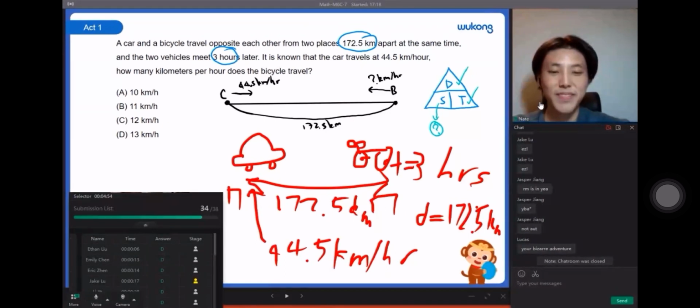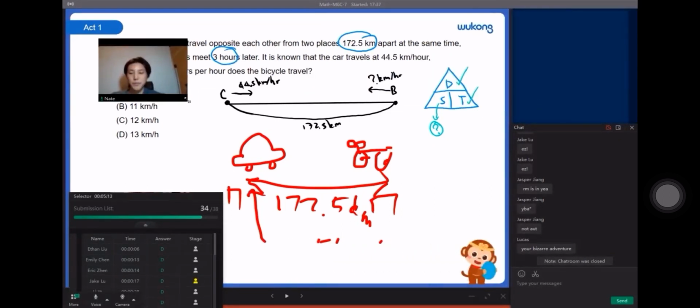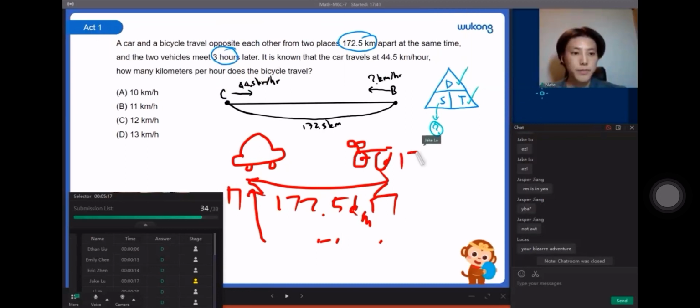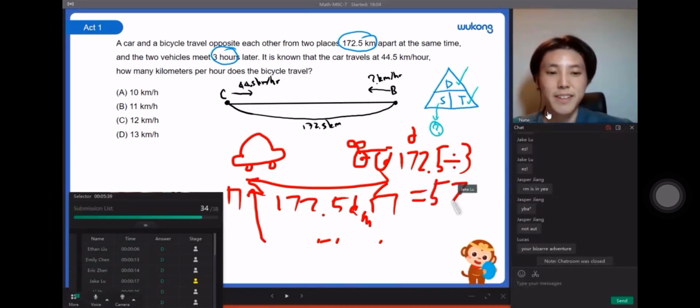To find the altogether speed, we do 172.5 km, which is the distance, divided by the time, which is 3, and then we get 57.5, which is the speed for the car and the bicycle all together.